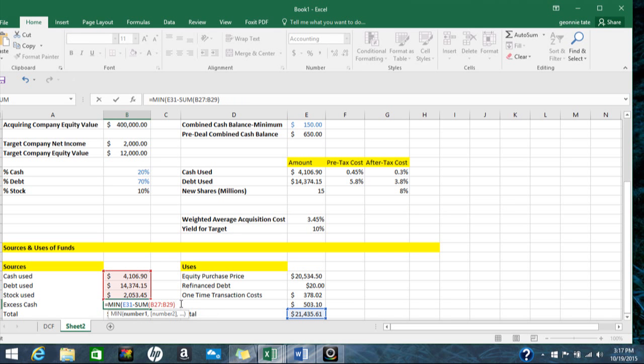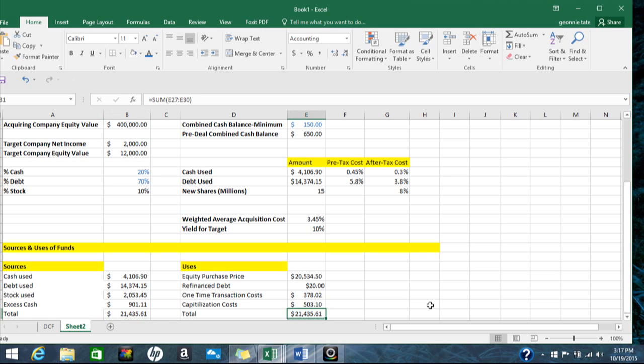But that's how you would do that formula if you had actual numbers. I'm just making these numbers up here. So we're just going to use the original formula that I had so we can balance here. And see, we balance at 21,435.61 here, and also here.